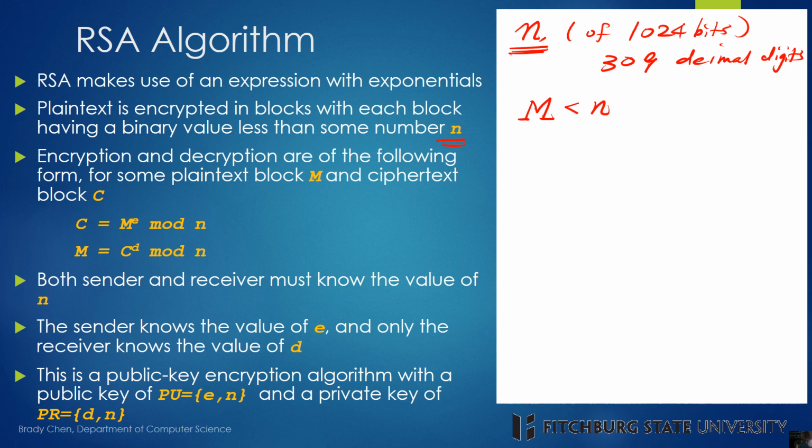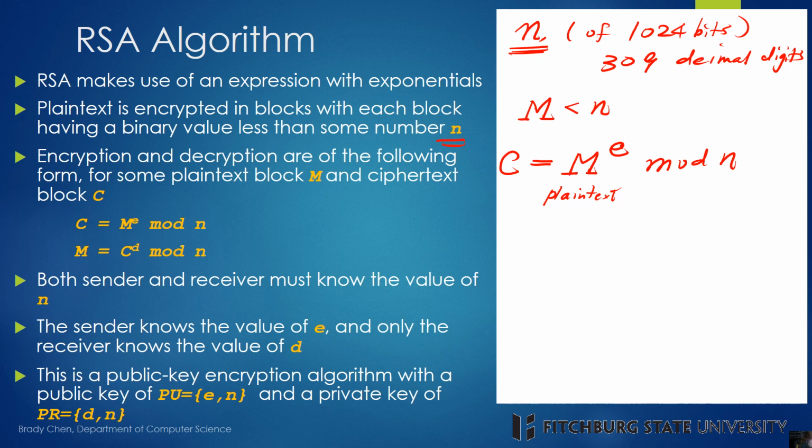The encryption and decryption are very important and also very simple. Here's how we encrypt the number. We take M, the plain text, to the power E, modulo N. Hopefully this gives the ciphertext.